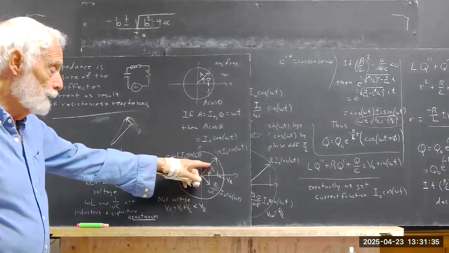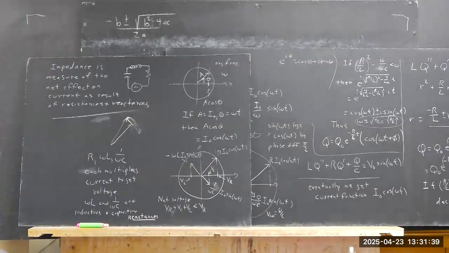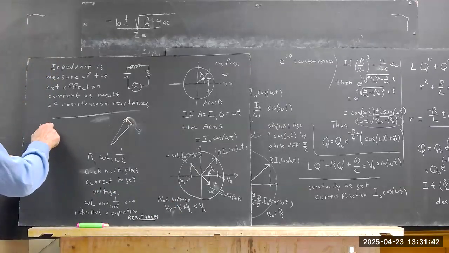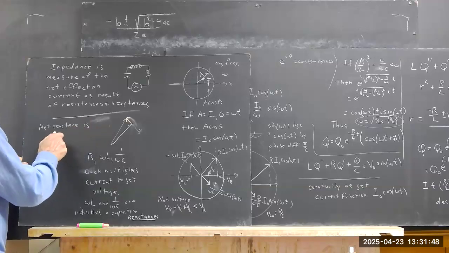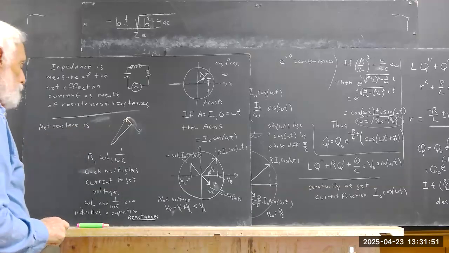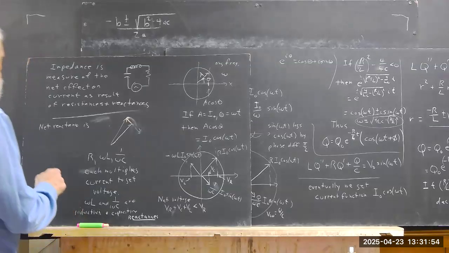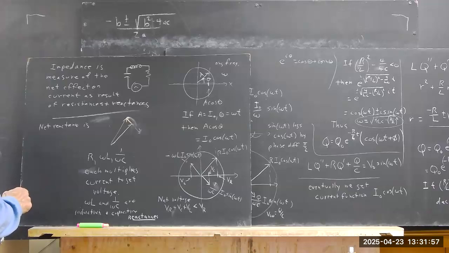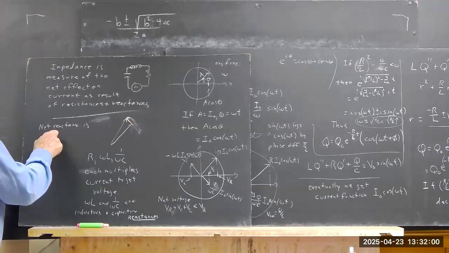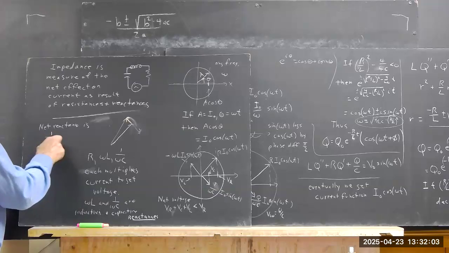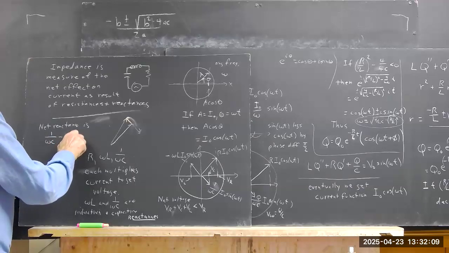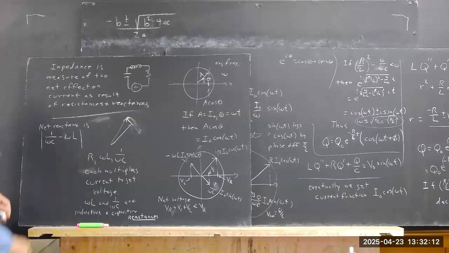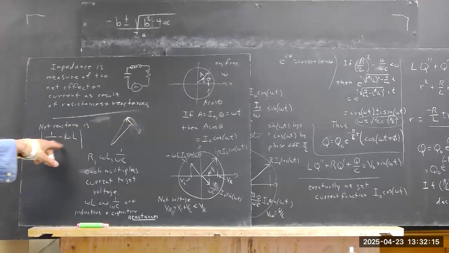These things add as vectors. Put absolute value signs around it, so I don't have to worry about whether I've got these in the right order or not.